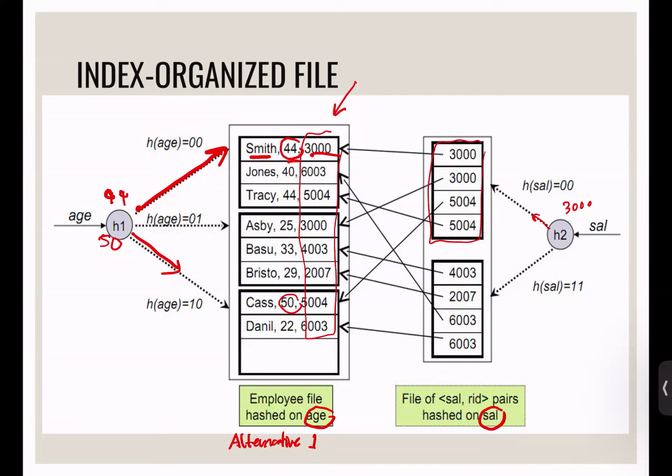You can see 3,000, 5,000, and in this bucket, 4,000, 2,000, 6,000. They're not in the typical order similar to a B+ tree, where things are ordered, because it's not populated based on ordering. It's based on the hash function. Somehow it turns out that the hash function gives them the same values. All of these have the same hash values.